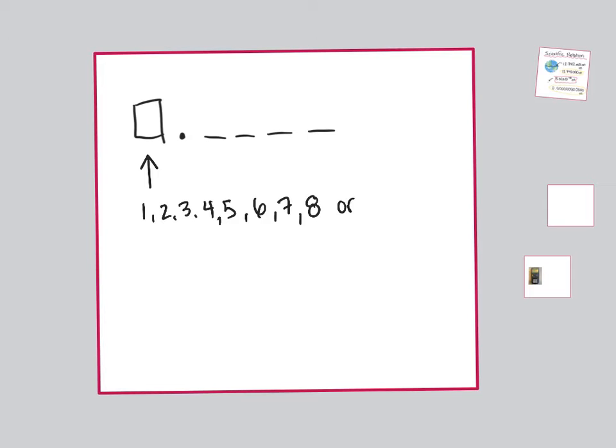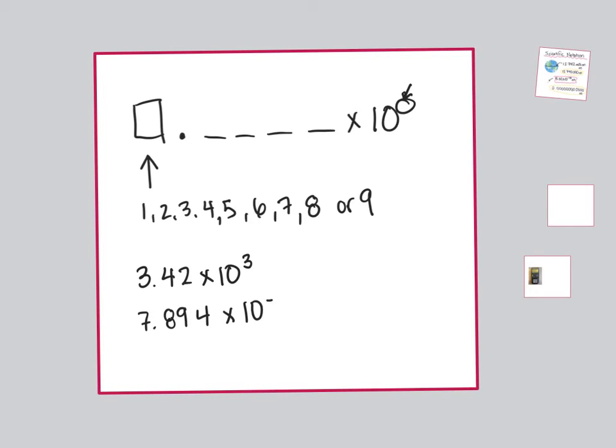It can't be 10, it can't be 100, it's got to be one of those numbers. And then you have to put times 10 and whatever your exponent is. That exponent could be any number. So 3.42 times 10 to the third, that's in scientific notation. 7.894 times 10 to the negative eighth, that's also in scientific notation.